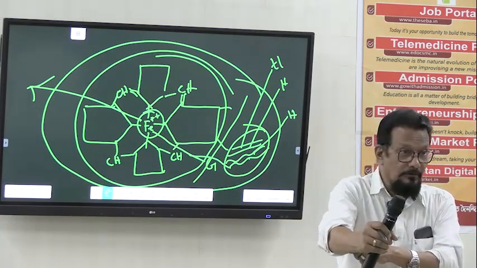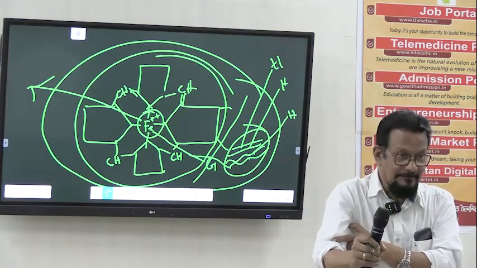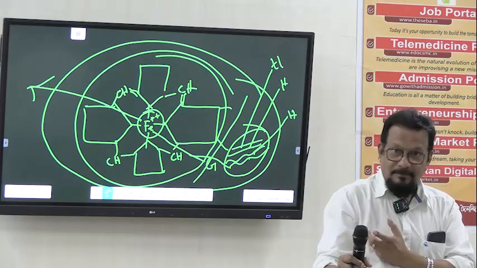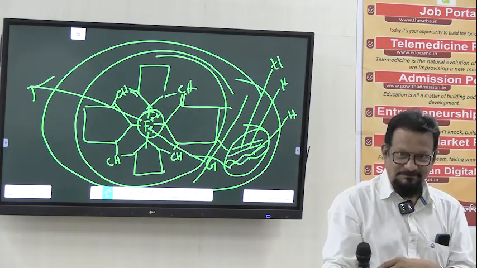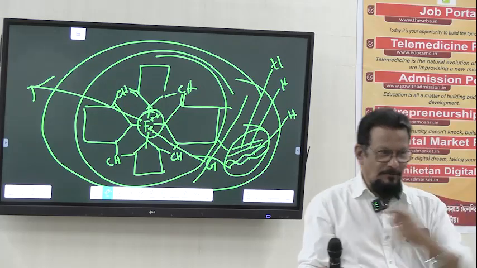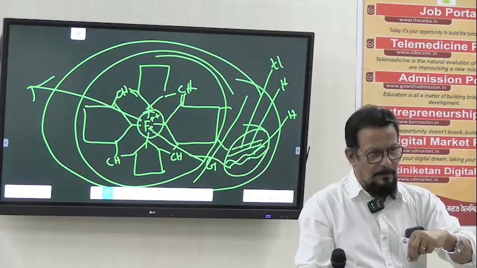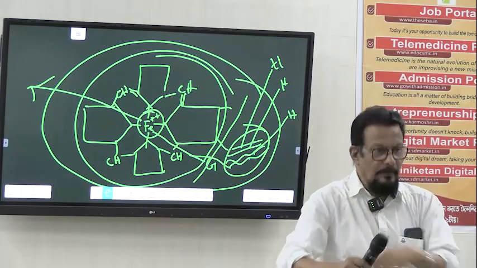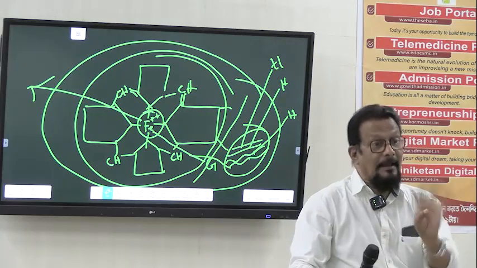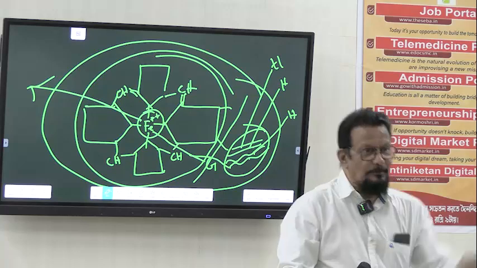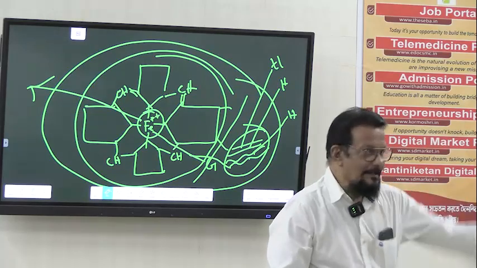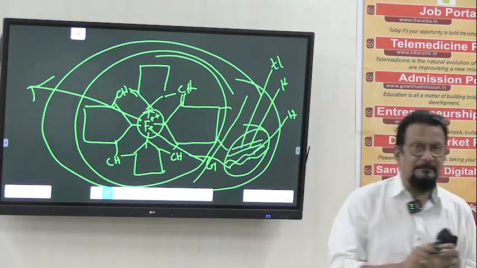Now, the bone marrow requires iron, so it will take this iron from the store, from the almirah. So from there it will draw, meaning the liver will release it into the blood. From blood, the bone marrow will take this iron for heme synthesis, hemoglobin synthesis. So it will be recycled. So this iron will be recycled.